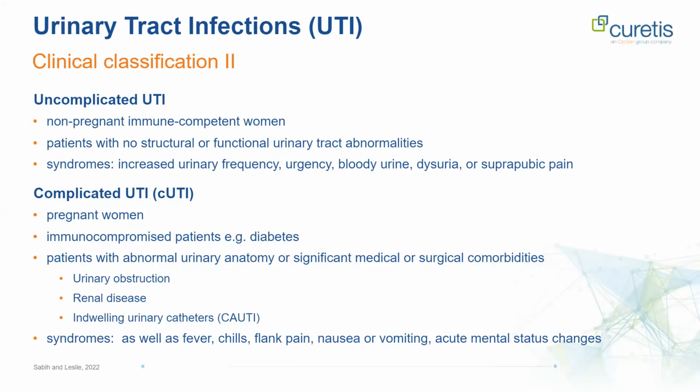And patients with indwelling urinary catheters are also prone to develop complicated UTI. So complicated UTI cause symptoms as uncomplicated UTI, but it can also have more severe symptoms such as fever, chills, flank pain, nausea, or vomiting.